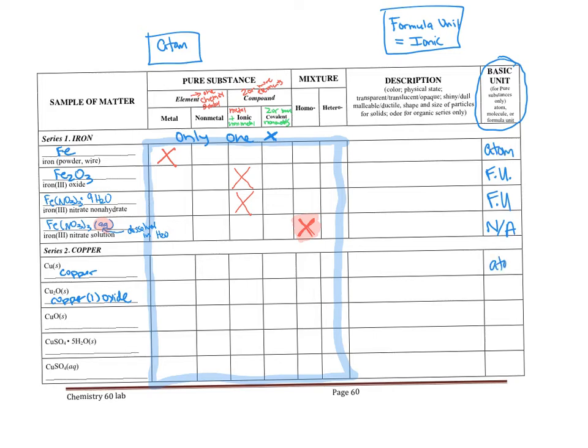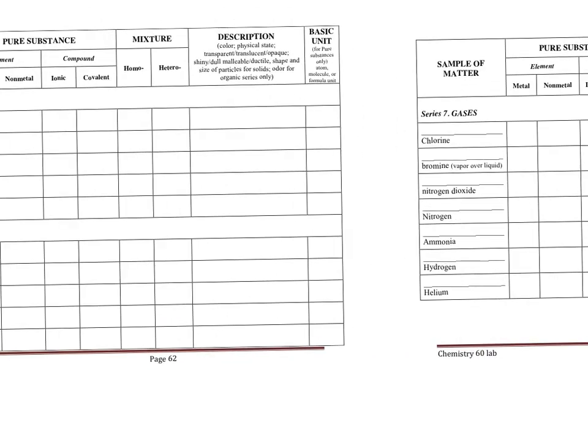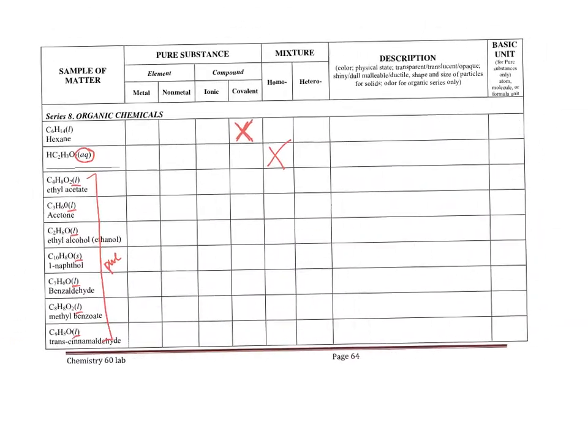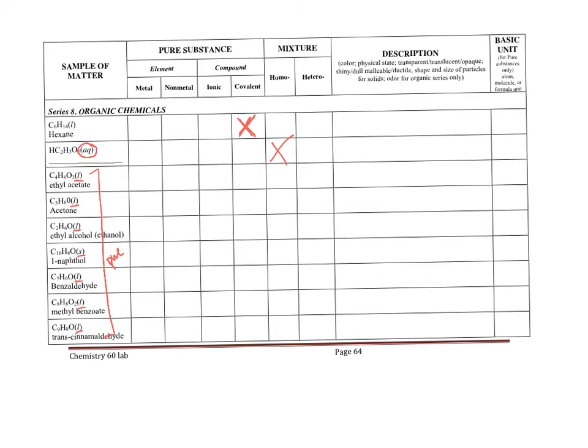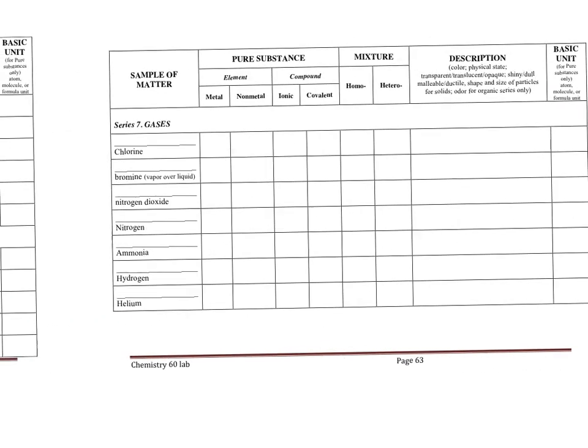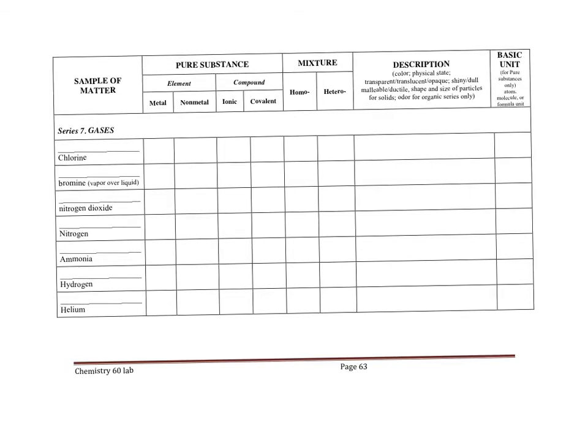Copper, atom. Molecule is the most basic unit for a covalent compound. So anytime I have a covalent compound, my most basic unit is a molecule, like H2O. Okay, some good examples here, right? Covalent, so this is a molecule for the basic unit. Also, some examples here, chlorine, Cl2.